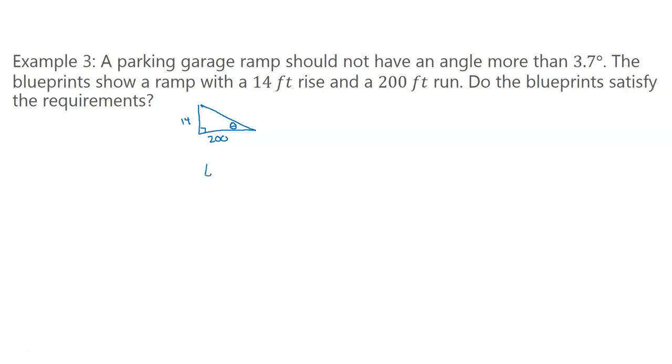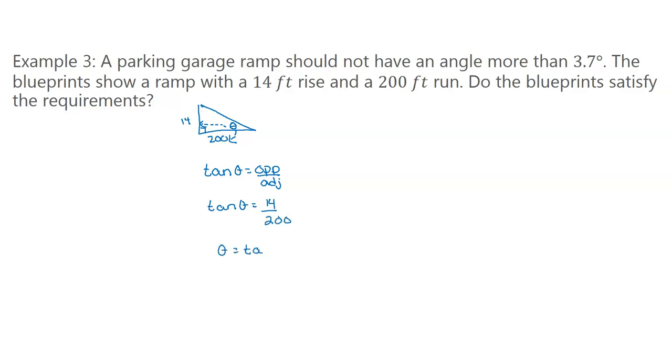So now, setting up our tangent ratio, I'll fill in my opposite side to be this one here, 14, and my adjacent side to be right here, which is 200.